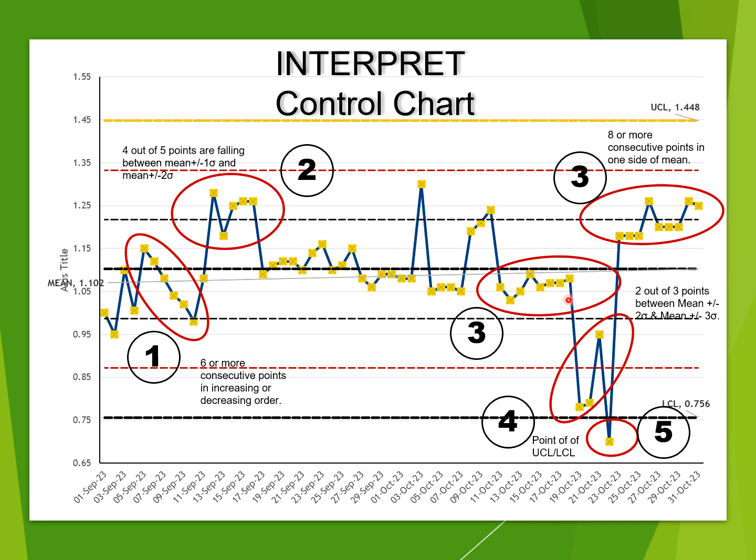Similarly, if 2 out of 3 points are between 2 and 3 sigma from the mean, then also it's a problem. And if any reading is out of the control limit here or here, this is anyway a point of concern. So this is how we'll interpret the control chart. Interpretation, of course, I have already presented in my SPC part 2 in the month of May.